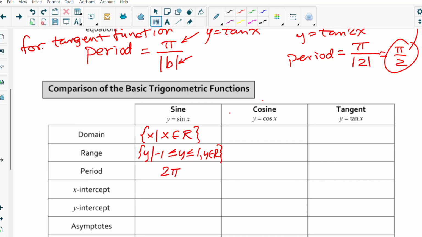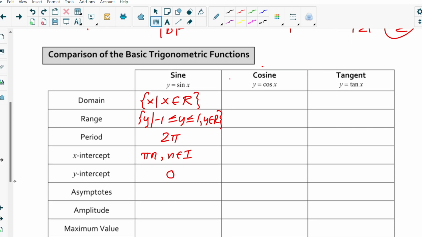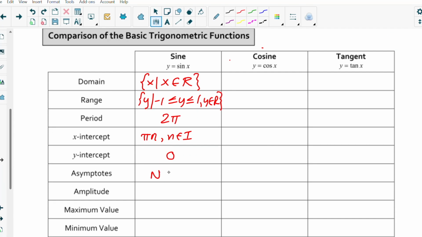For the x-intercept, sine of 0 is 0 and sine of pi is 0, so every pi n units, where n is an element of the integers, is where the x-intercepts occur. The y-intercept, you remember it starts at 0, so it's 0. Asymptotes, none. Amplitude, we know it's 1. The max value is 1. The minimum value is -1.